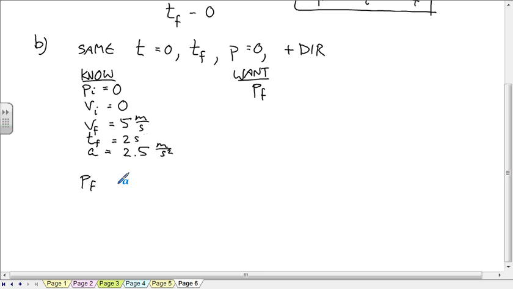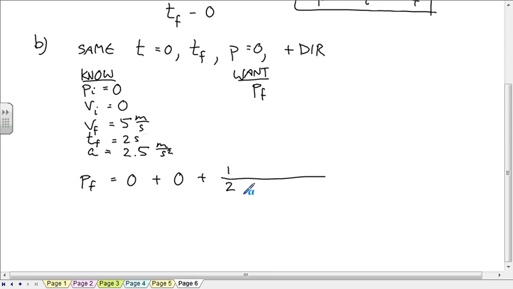So p final is equal to 0 plus 0 plus 1/2. I'm just going to write it all out in that sort of detailed notation.